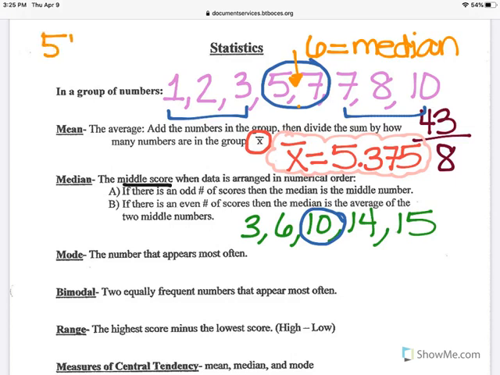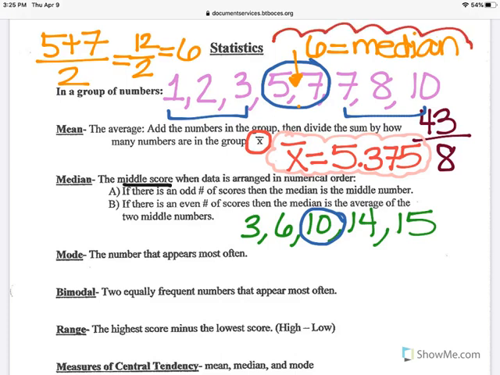You take those 2 numbers in the middle, add them together, and divide by 2 because there are 2 numbers. 7 plus 5 gives you 12, divided by 2 is 6. So the math matches the logic. But you can just do the logic way because that's really easy. 6 is definitely in between 5 and 7.